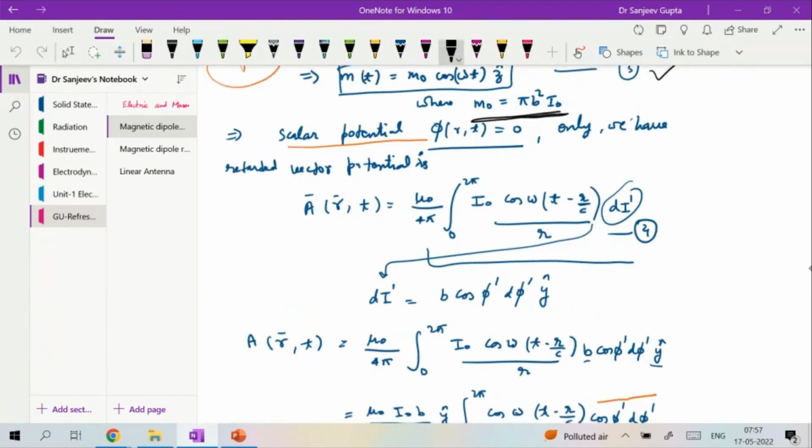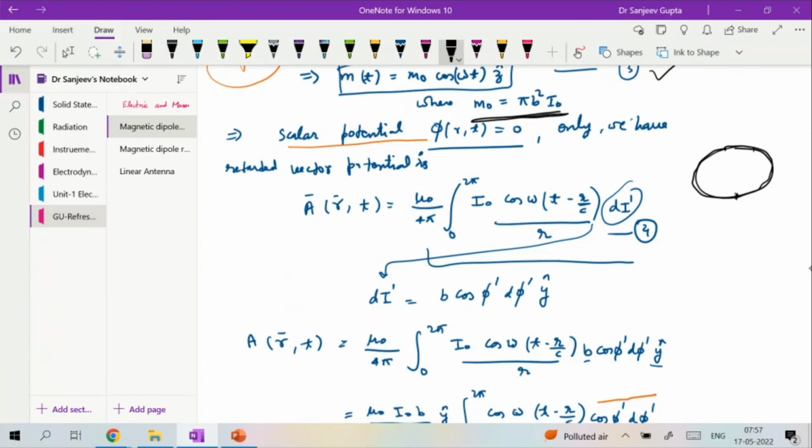It has the form A(r,t) equal to mu 0 upon 4 pi, integral from 0 to 2 pi, because it starts from here at 0, goes to pi and then comes to 2 pi. It's a full loop, so it goes from 0 to 2 pi.